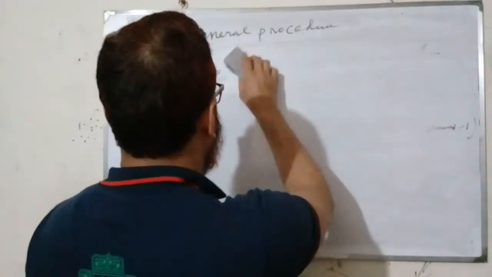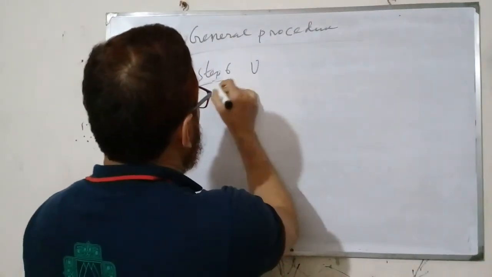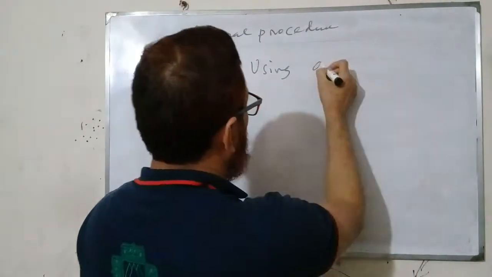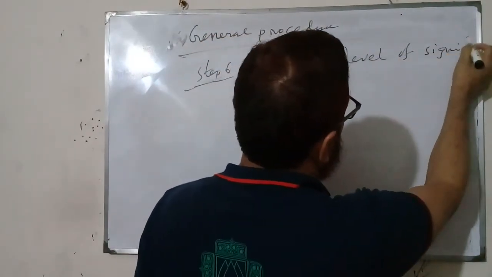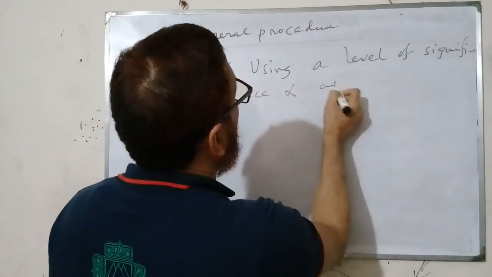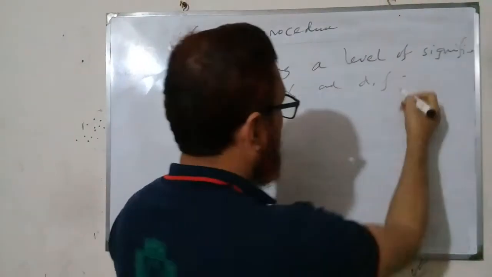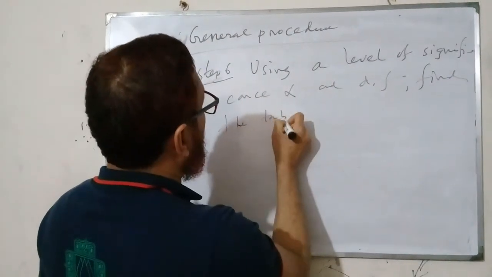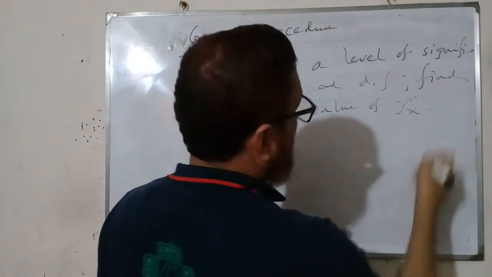Step 6. Using a level of significance alpha and degrees of freedom, find the table value of chi-square.